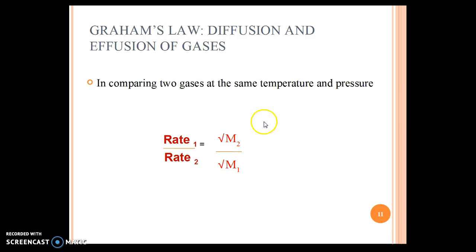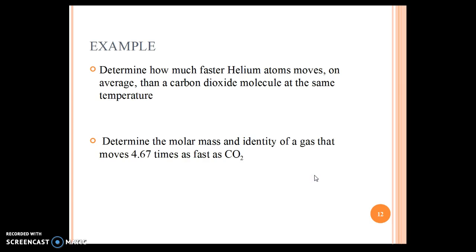So, in Graham's law, for both effusion and diffusion, the rate for one gas divided by the rate for the other is equal to the square root of the molar mass of the second gas divided by the square root of the molar mass of the first gas. Again, the gases have to be at the same temperature and pressure, or this doesn't work.